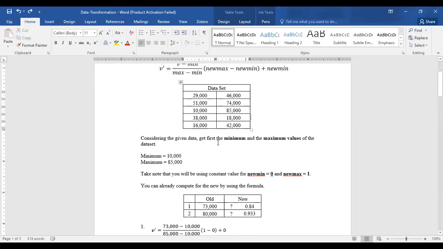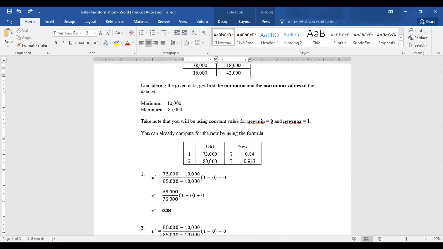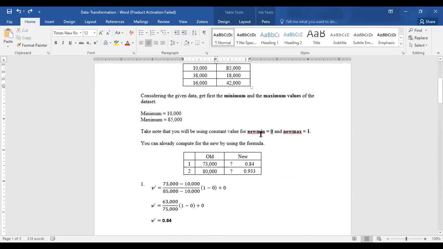So what is our minimum value for this data set? We have 10,000, right? And the maximum value is 85,000. Take note that you will be using a constant value for the new min. The new min is a constant value. It cannot be changed. So 0, and new max 1.